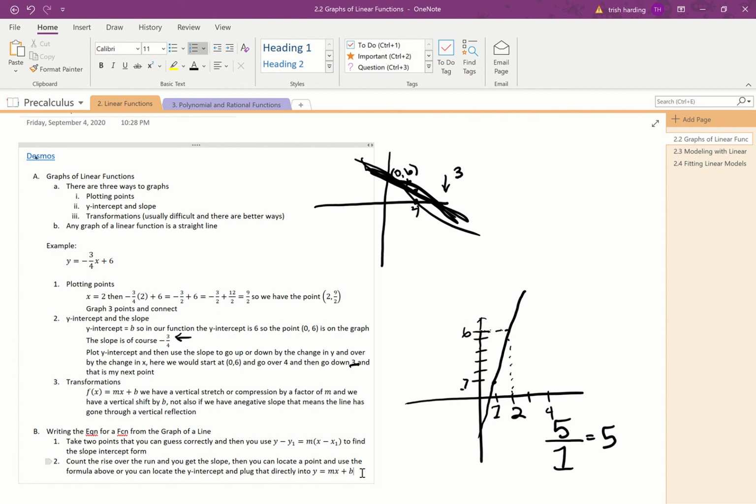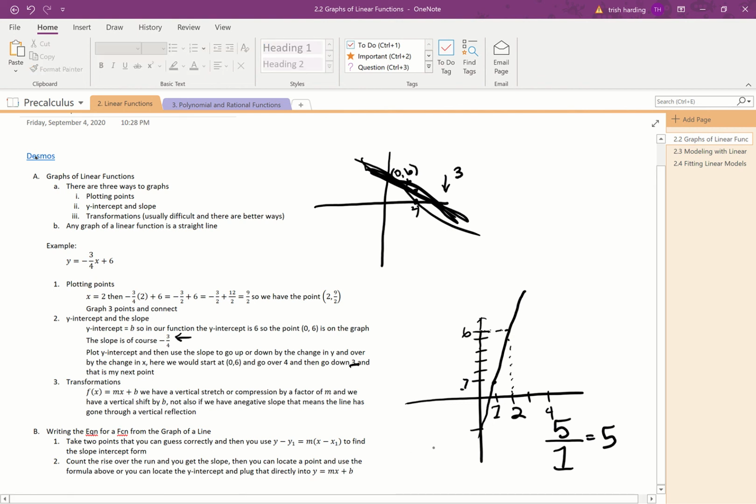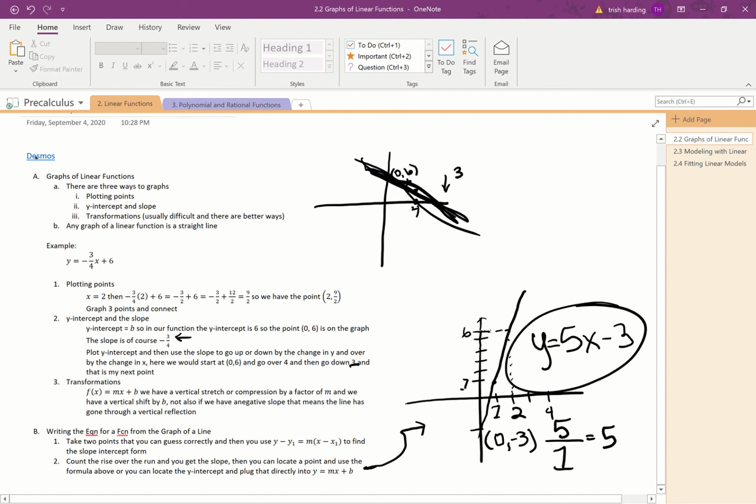Let's say that I know this intersects here, my x is going to be 0 and my y is going to be, I don't know, we'll say that's -3. Then I can just do y equals my slope, x minus 3, and then that's my line. And that's how I found it from the graph, and it wasn't too bad.